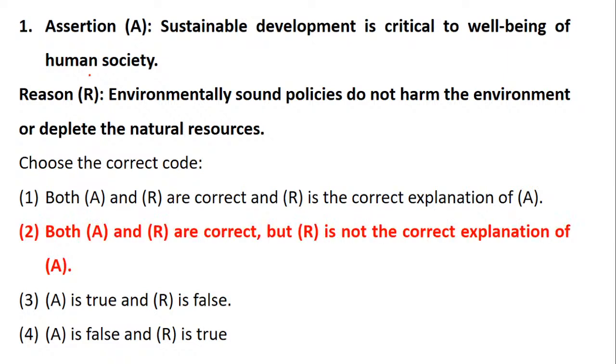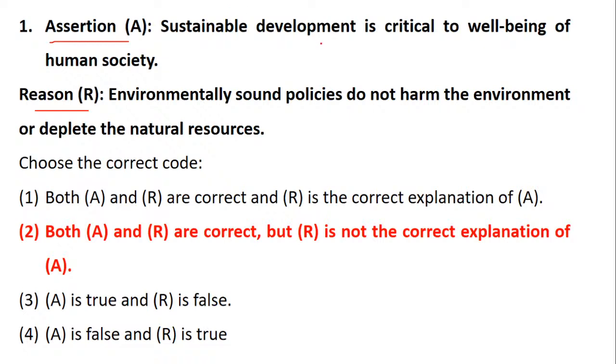The answer is C, when we talk about both the assertion and the reason. Anyone who has confusion, let me clear the answer first and then we'll come to it. What you're supposed to do with such types of questions is first read the 2 different sentences independently.